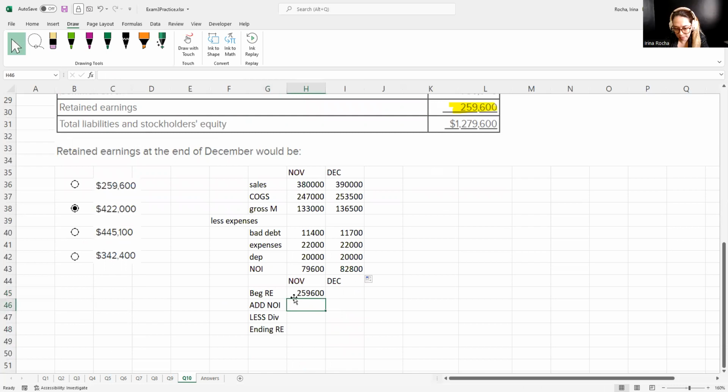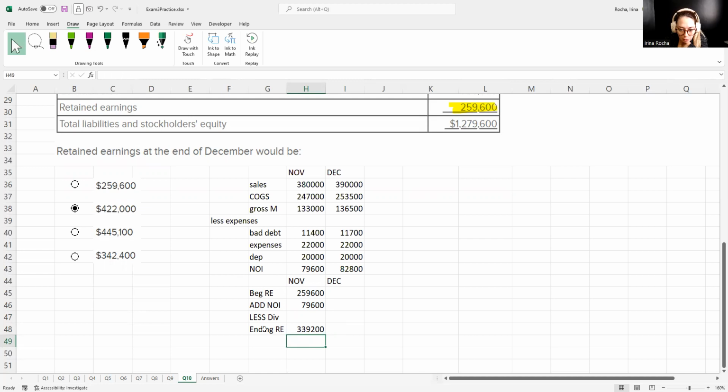So I have to add my net operating income. We don't have dividends, I just put it here because what if we get it in a question, right? But then the answer for ending retained earnings in November is the beginning plus my net operating income minus dividends if I had it. That's it.